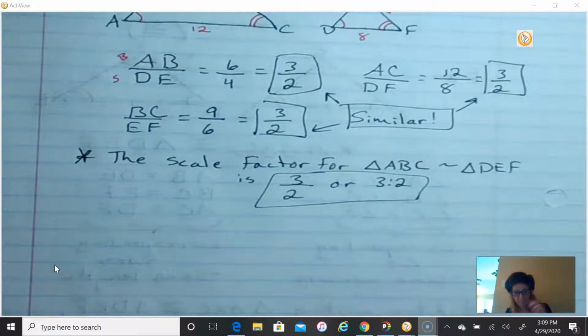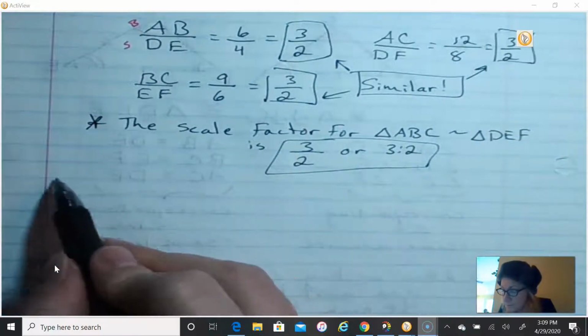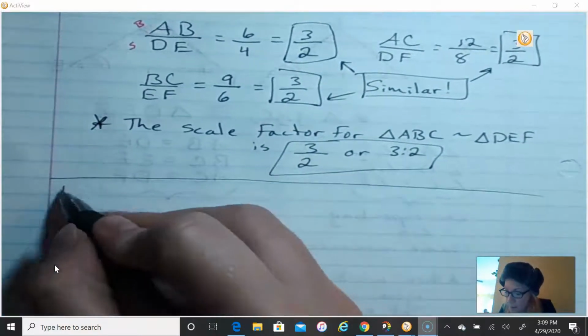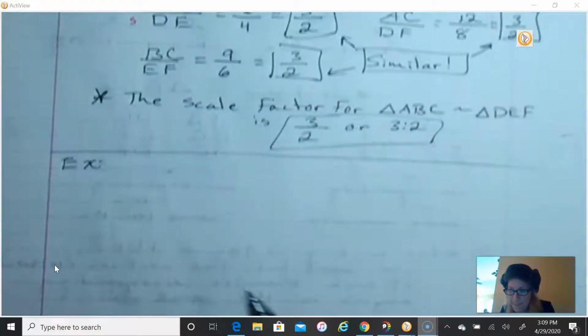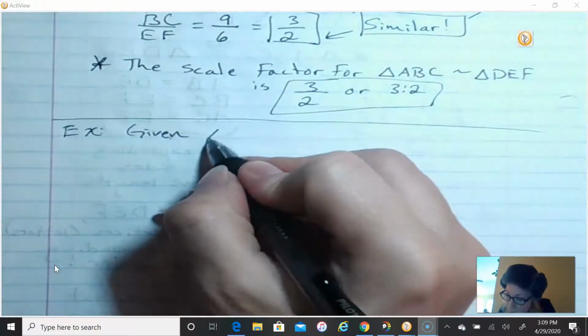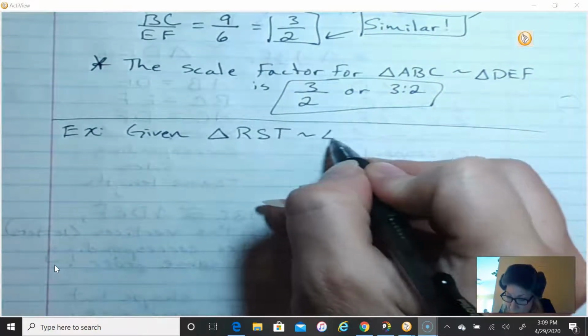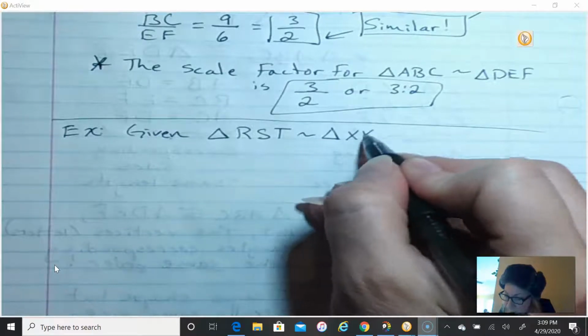All right. Let's do another one. Example. Let's say you're given triangle RST is similar to triangle XYZ.